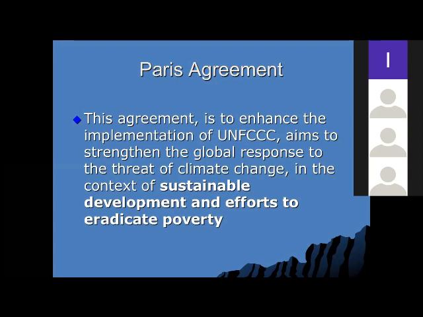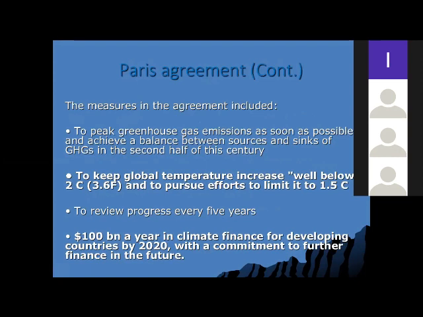So now this is very important. This is where we connect to sustainable development. So the Paris Agreement focuses on sustainable development, through that process to mitigate or try to work on climate change as well as poverty reduction. So this is very important. How we go about this, we also need to plan.